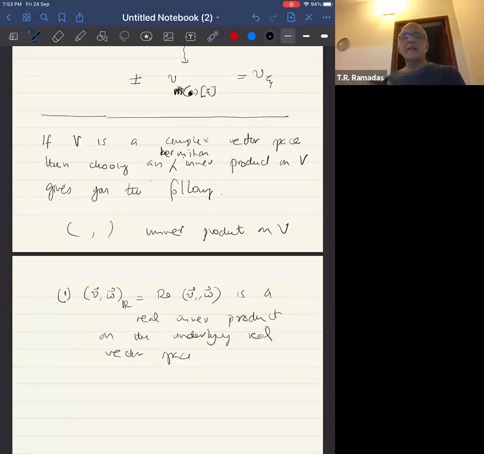In other words, if I take the complex vector space V and just forget to multiply by imaginary numbers, I get a real vector space of twice the real dimension, real dimension equal to twice the complex dimension. And if I take the Hermitian inner product, given two vectors v and w, the inner product is not a real number. But if I take the real part of it, I get a real number. And in fact, this is a symmetric bilinear form, which also has the property that (v, v) is strictly bigger than 0 unless v is 0. So this is a real inner product.